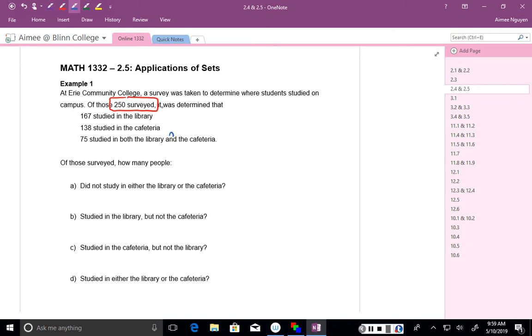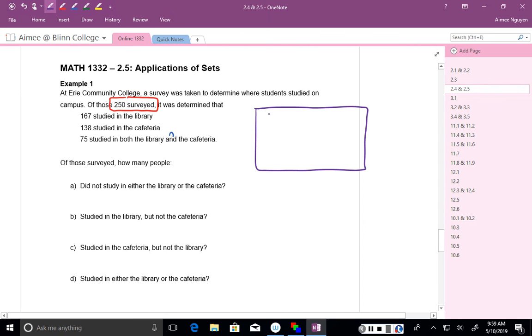So I'm going to go ahead and make a Venn diagram to make this a little bit easier to see. So we have the universal set. And we know that inside that box is a total of 250 people. And then I have my 2 circles. So I've got people that studied in the library. And then I've got people that studied in the cafeteria.